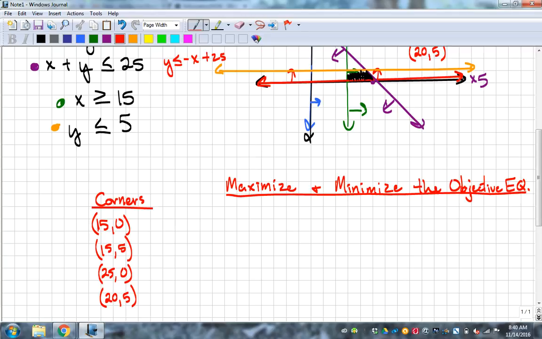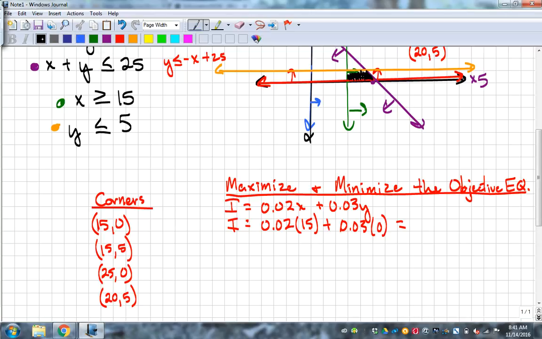So we're going to plug in those points. 15, 0. My objective equation is I equals 0.02x plus 0.03y. I'm plugging these things in. So I equals 0.02 times 15 plus 0.03 times 0. And I'm getting the result for that.